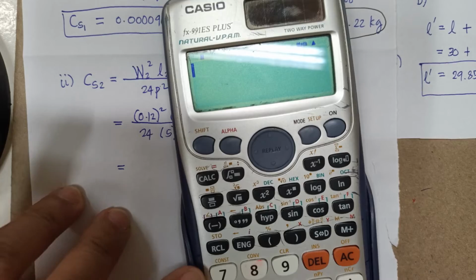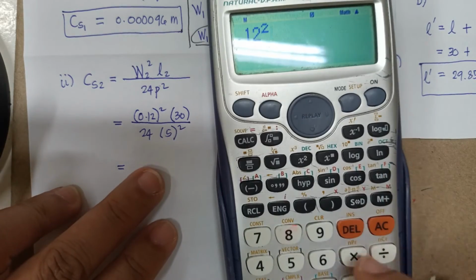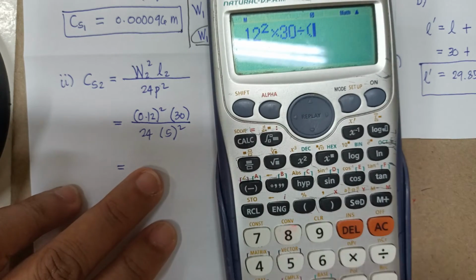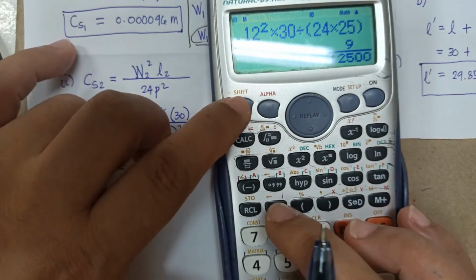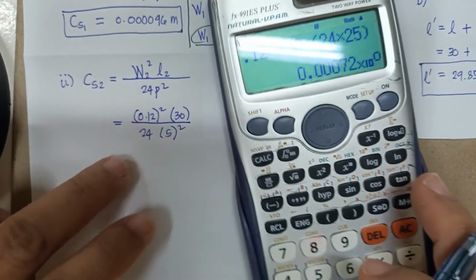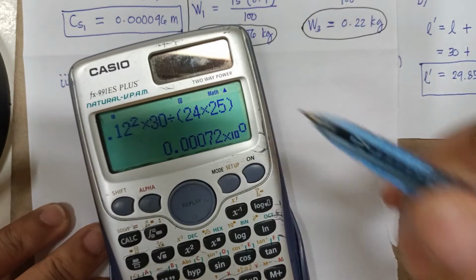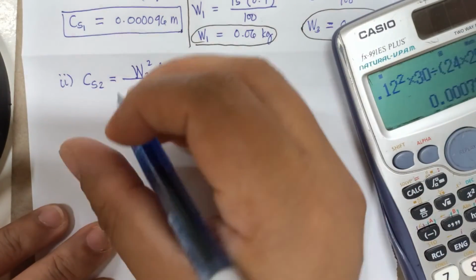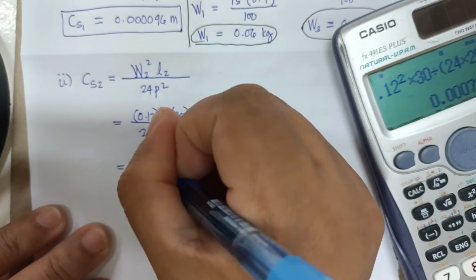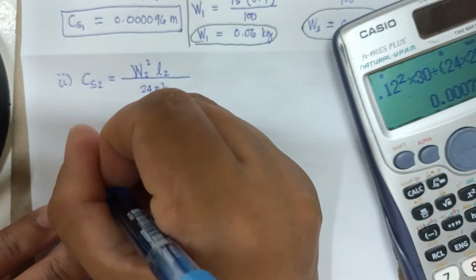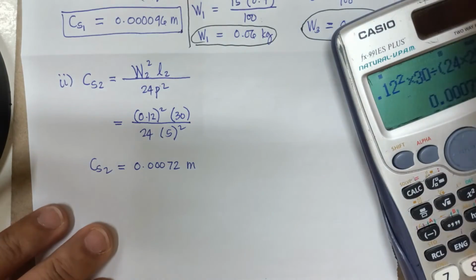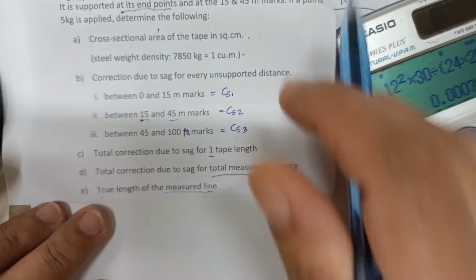Using the calculator, 0.12 squared times 30 divided by 24 times 5 squared, that is 0.00072 meters. That is the CS sub 2, or the sag correction between 15 and 45 meter marks.